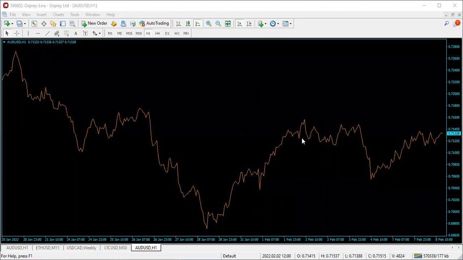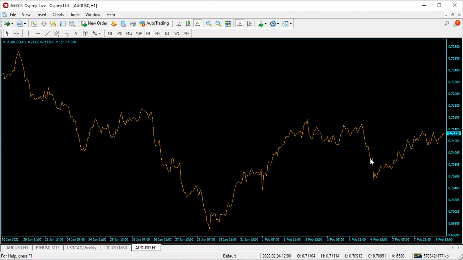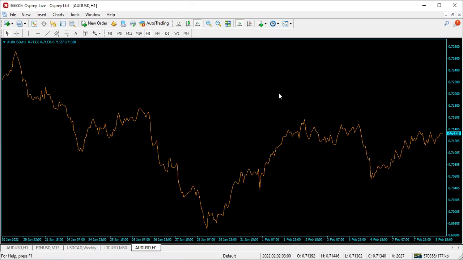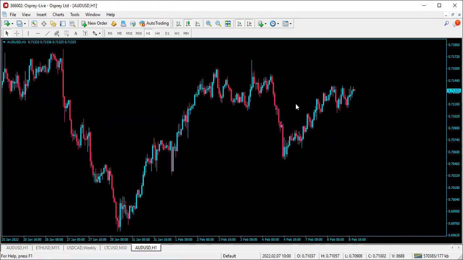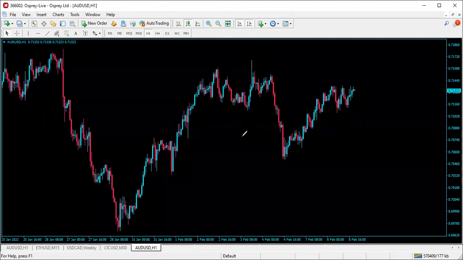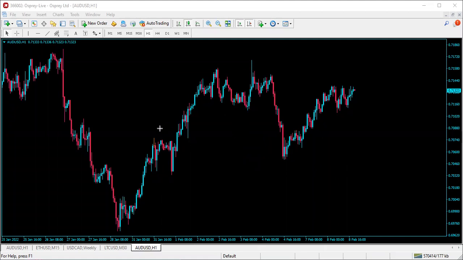Right now, we're looking at AUD/USD in real time. So if I turn on the candles and I pull the chart forward, I can readily identify multiple rising wedges. Case in point, this beautiful one right here.